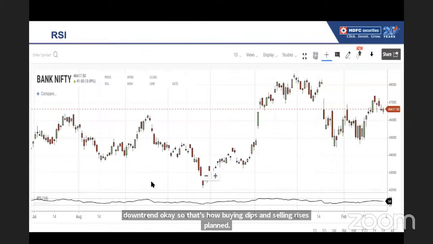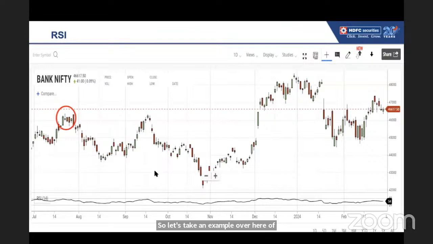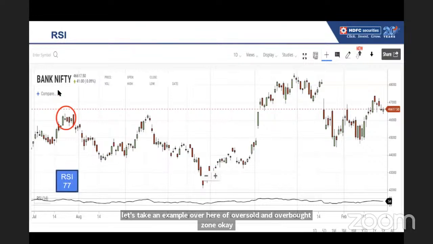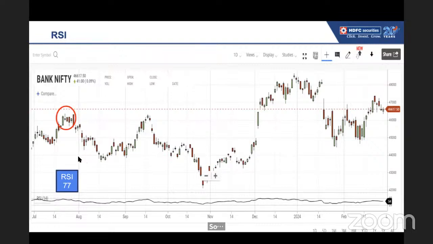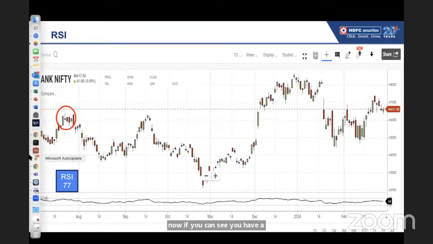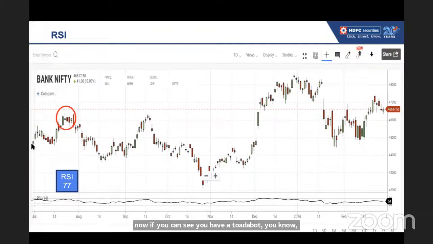So let's take an example over here of the oversold and overbought zone. Okay, so this is the Bank Nifty chart of 1 day. Okay, now if you can see, the chart before this is not captured here, but this was quite an uptrend. Okay, now if you can see, RSI is touching 77 over here.